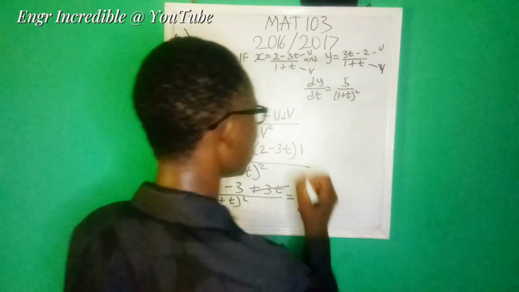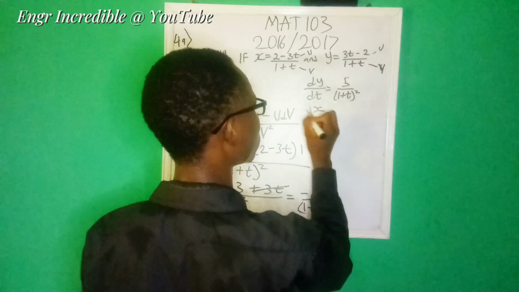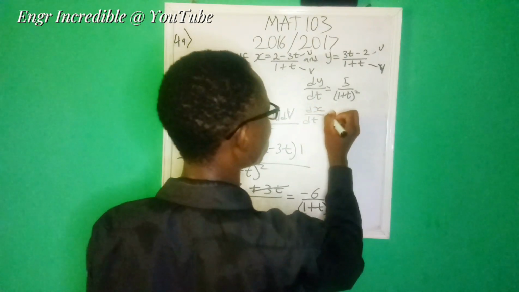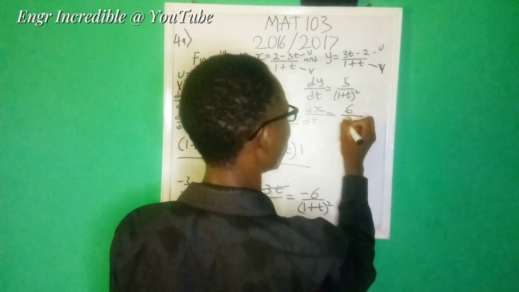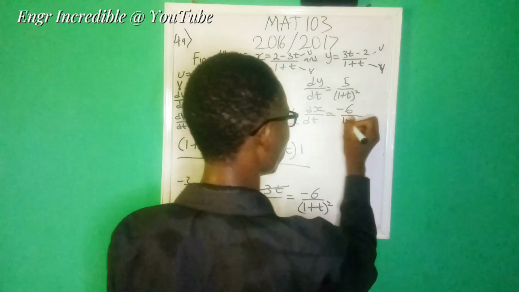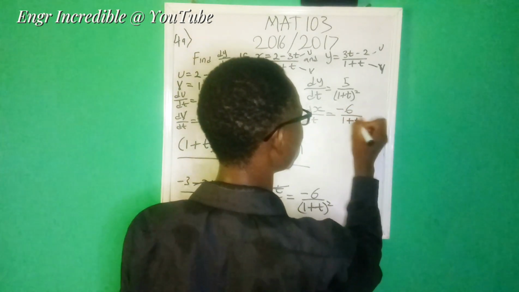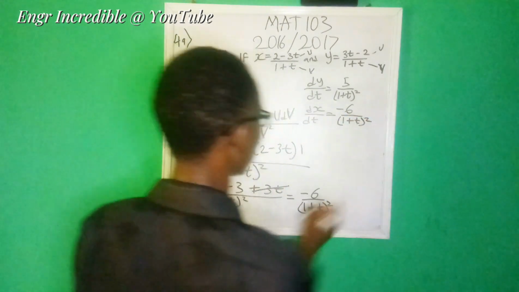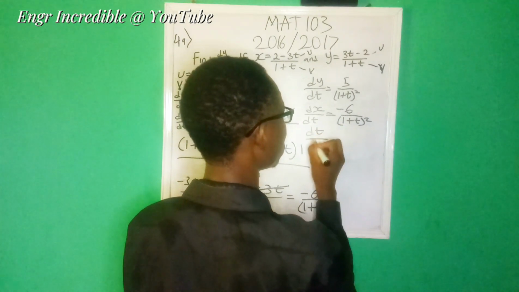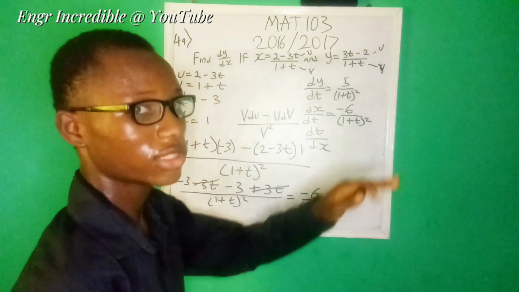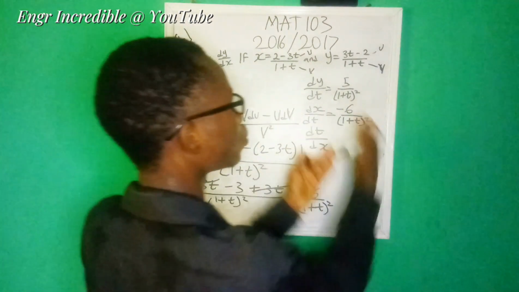So since we are having our dx dt is equals to minus 6 all over 1 plus t all square, we are going to have our dt dx is going to be the opposite. We are going to turn it upside down.